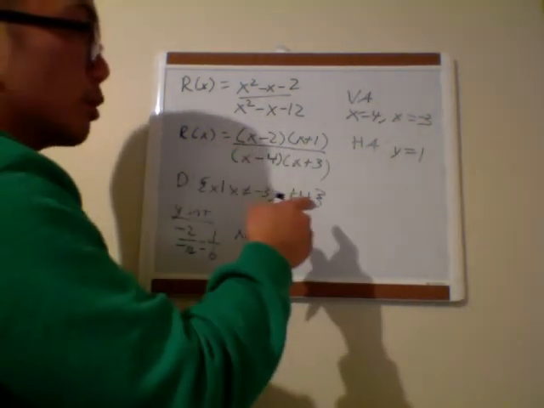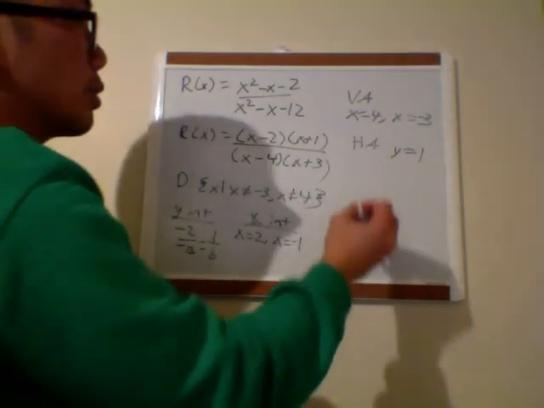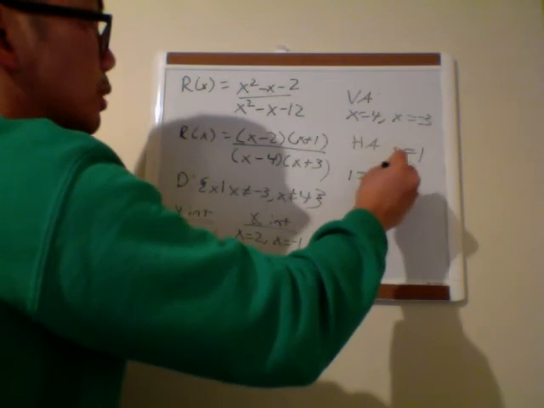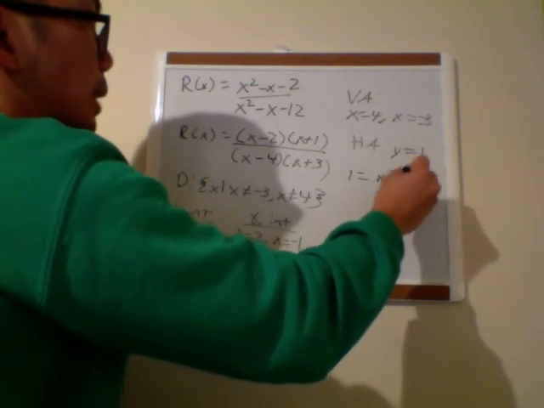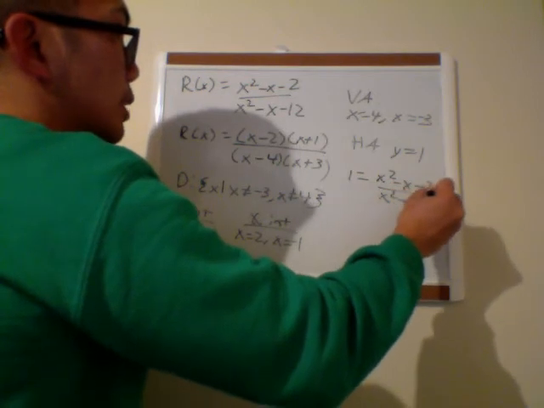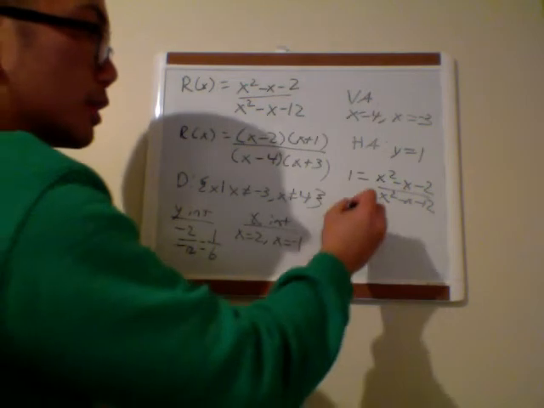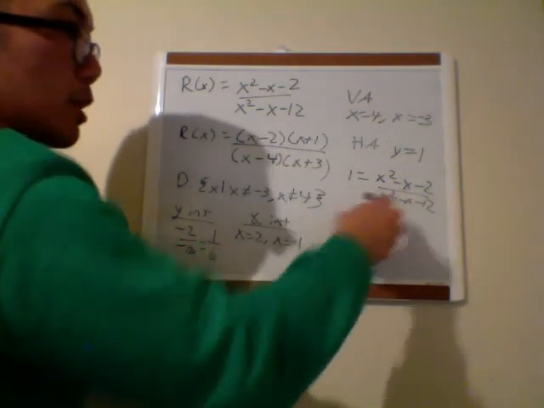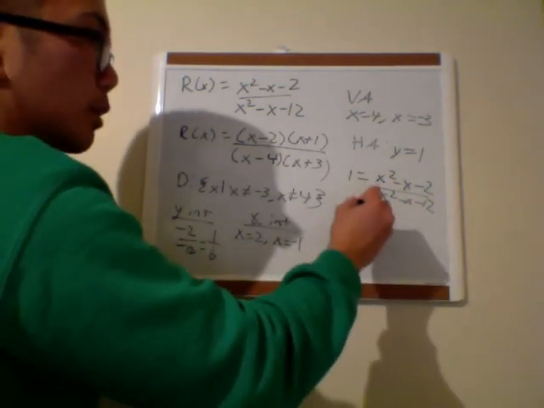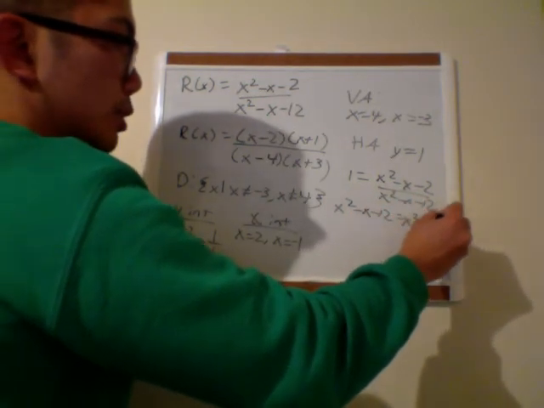Now I'm going to see, does my graph intersect the horizontal asymptote? So I am going to do 1 is equal to x squared minus x minus 2 over x squared minus x minus 12. When I solve this, I'm going to multiply both sides by x squared minus x minus 12, and this becomes x squared minus x minus 12 is equal to x squared minus x minus 2.